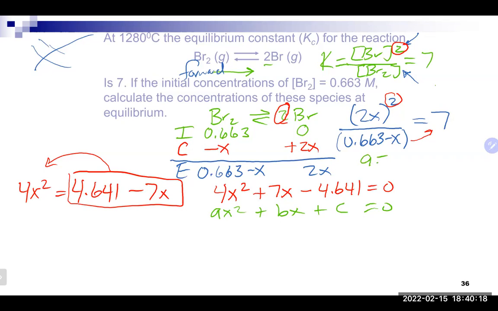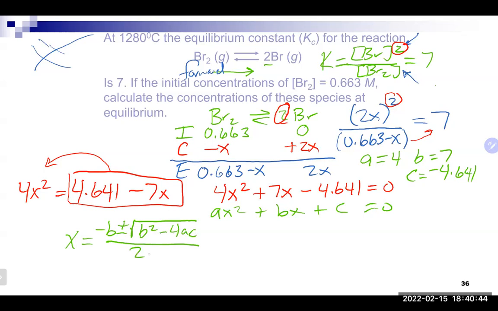That means in this case, a is equal to 4, b is equal to 7, and c, you do keep the negative, negative 4.641. We're going to put that into our quadratic formula, which I wrote there on the other page. x is equal to minus b plus or minus the square root of b squared minus 4ac, divided by 2a.